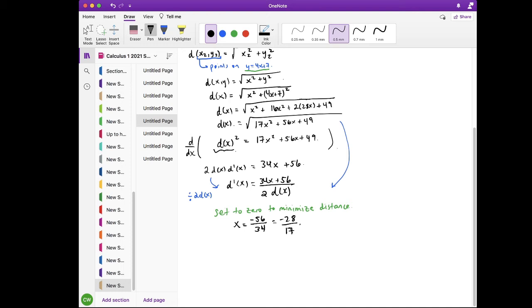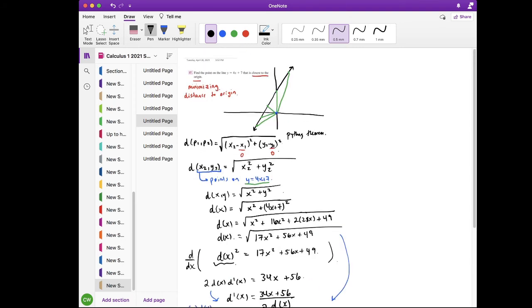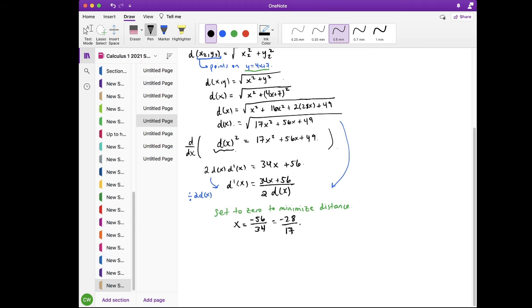But if the denominator is equal to 0, then d of x is equal to 0. It's never equal to 0 because the line's not even on the origin. So who cares? It should never equal 0 regardless.